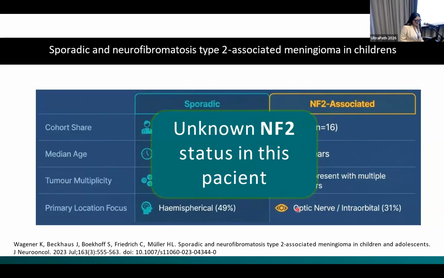And the most frequent location in NF2 was the optic nerve and the intraorbital region. Unfortunately, we don't know the NF2 status in this patient, but it would be very interesting to know if this was a carrier of this syndrome.